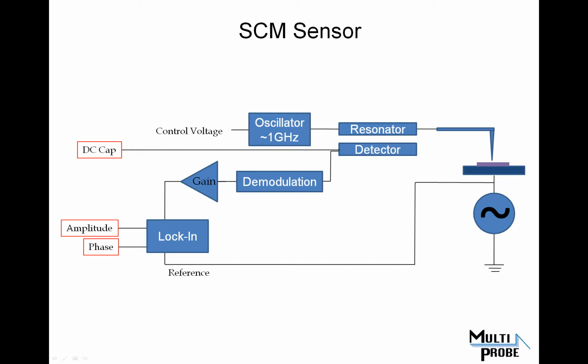You're going to see 2 different types of signals. One I've highlighted in a red box, a DC cap, and the other one is the output of a lock-in. That would be amplitude and phase, or AC cap. And we'll get into what the difference between those 2 are.